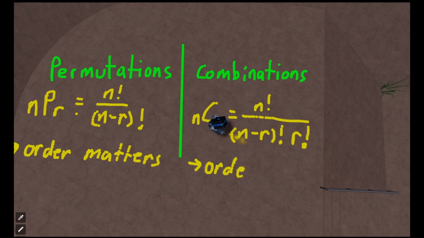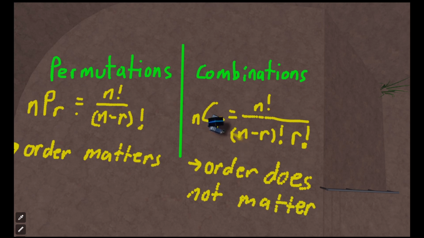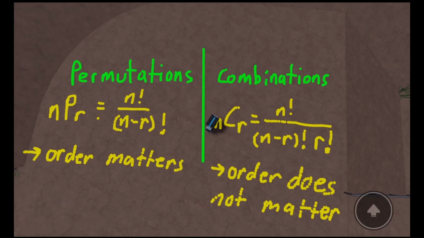So I'll write that down. Order does not matter. We'll go over some examples to show you what order means and explain when order matters and when order does not matter. But let's get into some problems that involve permutations and combinations.